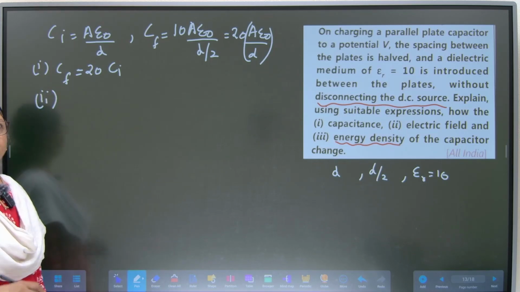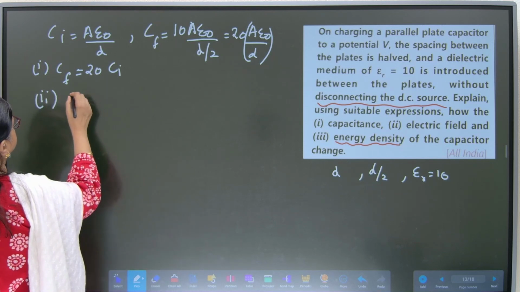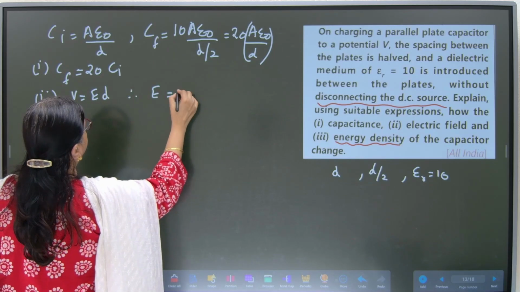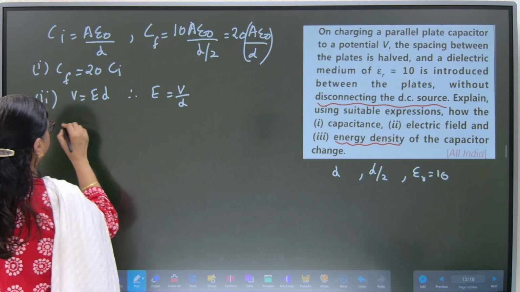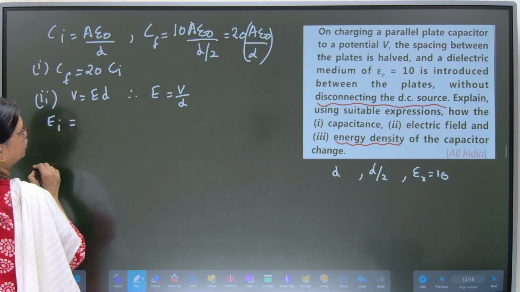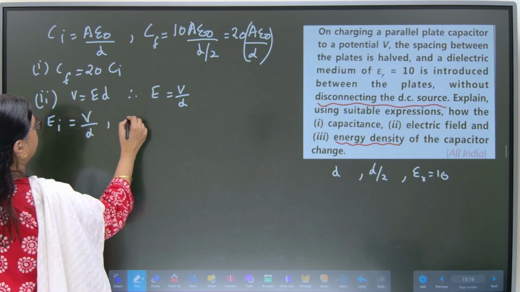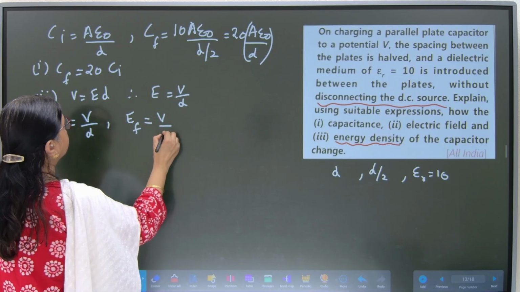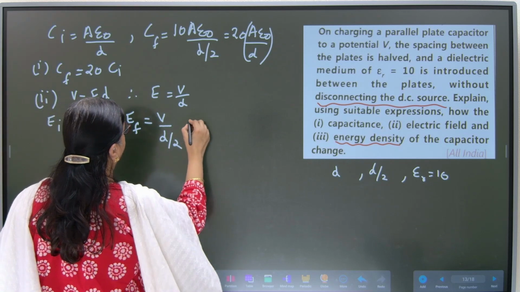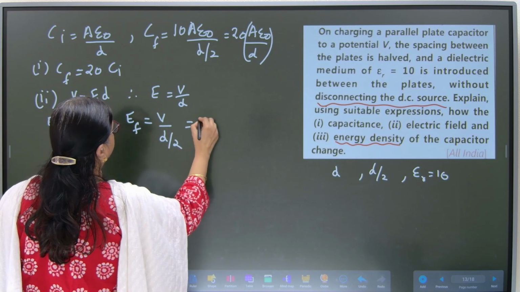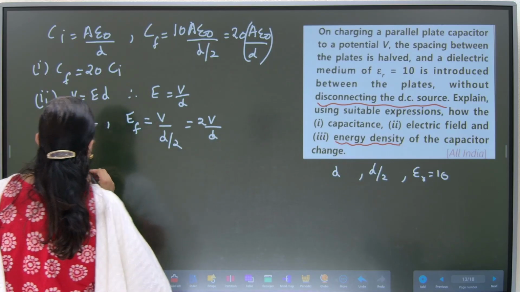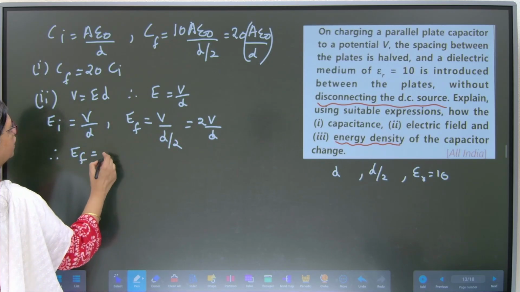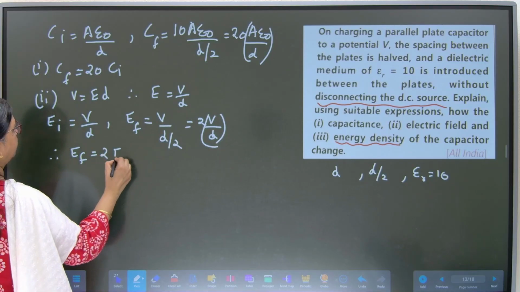Using the formula V is equal to ED, therefore E is equal to V upon D. We have Ei is equal to V upon D. Ef is equal to, the potential V remaining the same, V upon D by 2, which is 2V upon D. Therefore the final electric field is twice the initial electric field.